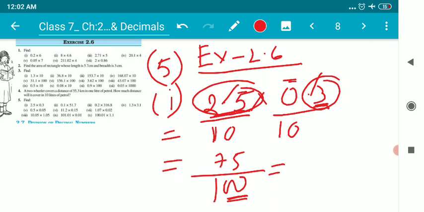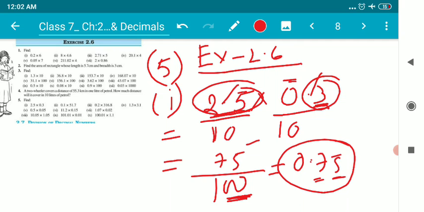I repeat, the number of zeros is 2, so the point will appear on the numerator 2 digits before from the right. Answer is 0.75. So it's 1 and it's 2. So 2 zeros, 1 and 2. Point will come over here. Answer is 0.75. I believe it's clear to everyone.